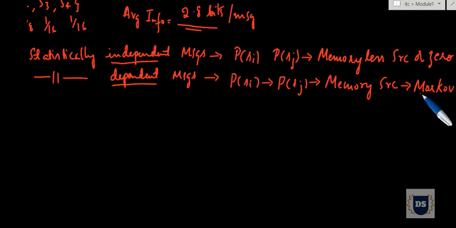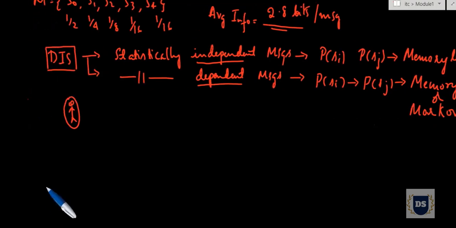Markov was a Russian scientist who made this study of memory sources, and hence such sources are also called Markov sources. So right now we got to know that this discrete information source can emit two flavors of messages. One is statistically independent messages and the other one is statistically dependent messages.